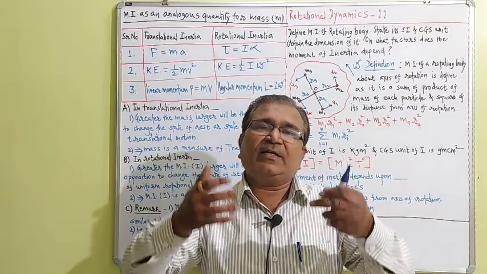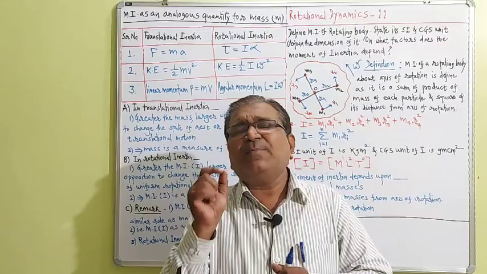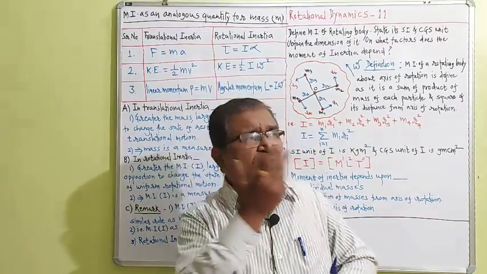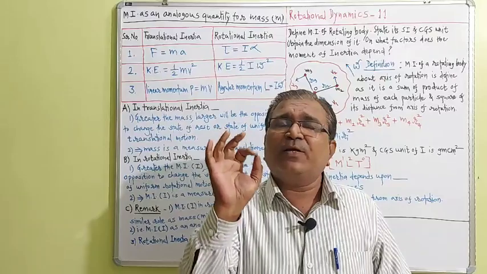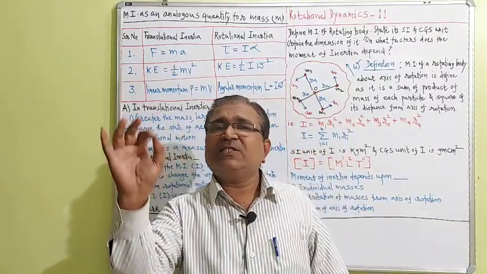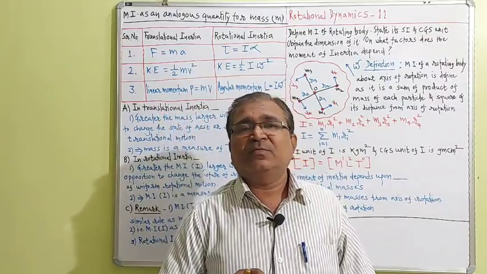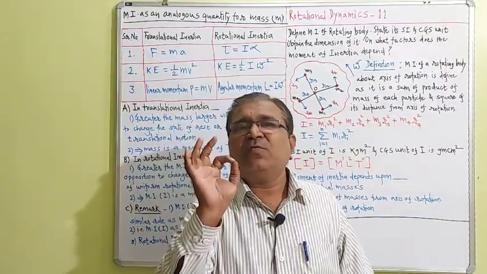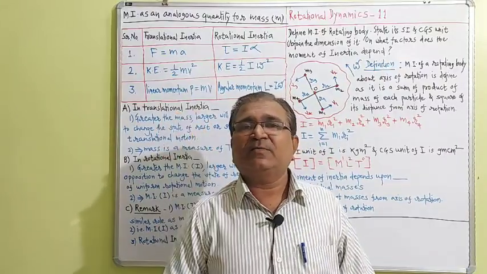After learning the introductory part, what type of question is to be asked? That one question I have already written on the board. Define moment of inertia of a rotating body, state its SI and CGS unit, obtain the dimension of it. Number 2, on what factors does the moment of inertia depend?